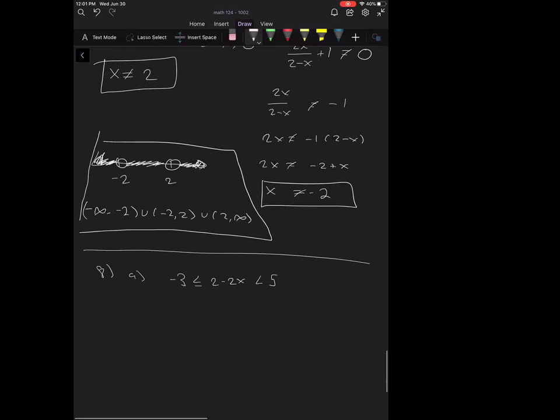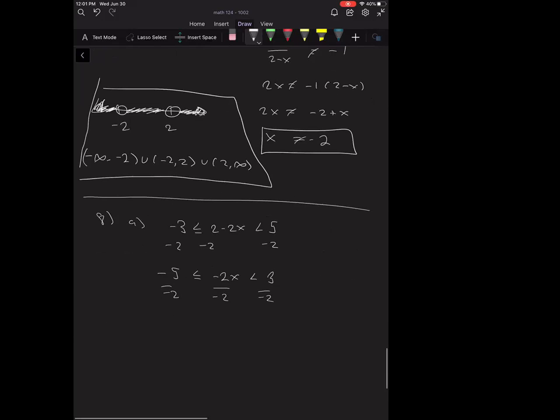So what we want to do here, let's get x alone in the middle. So we're going to subtract 2, subtract 2, subtract 2. So we'll have minus 5 less than or equal to minus 2x, which is less than 3. And then to get x alone, we need to divide by the minus 2's.